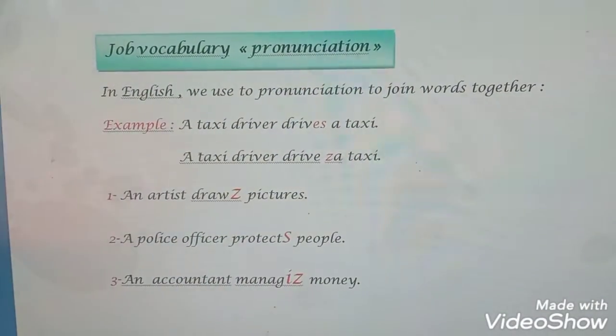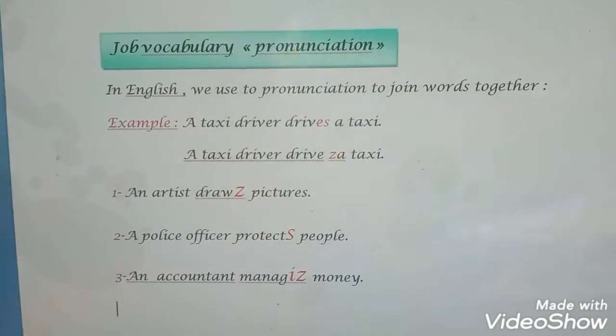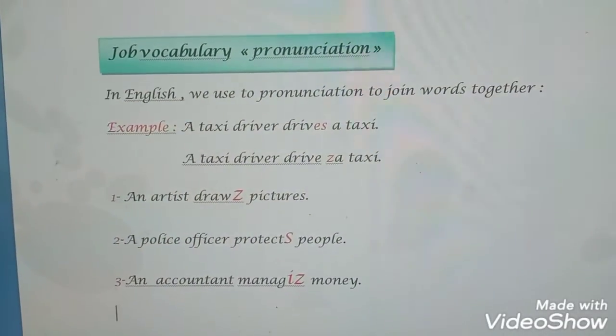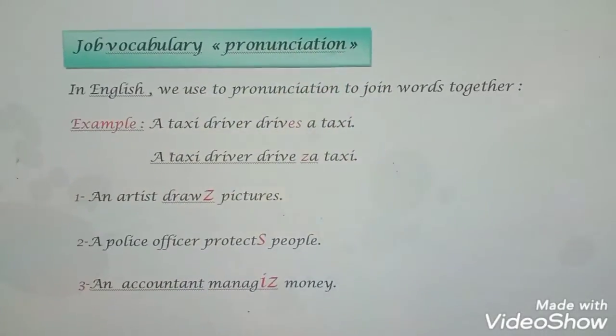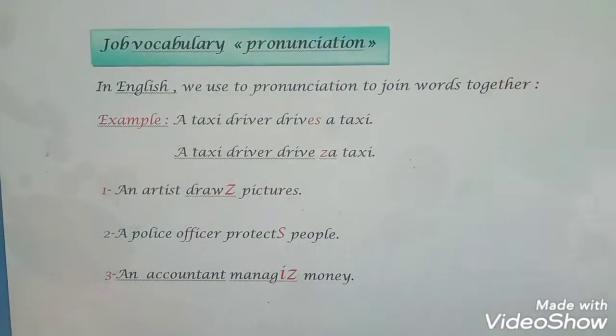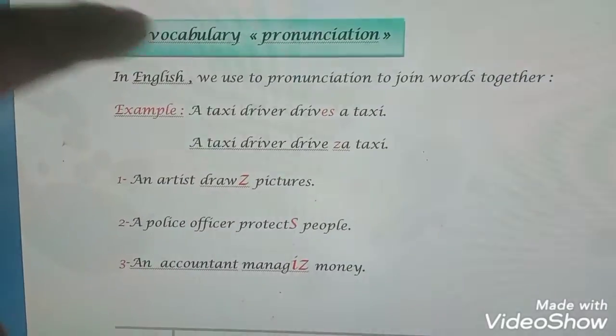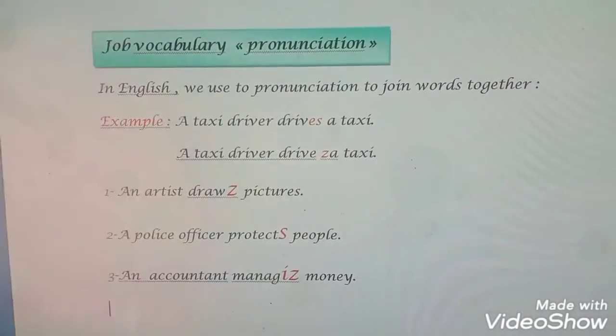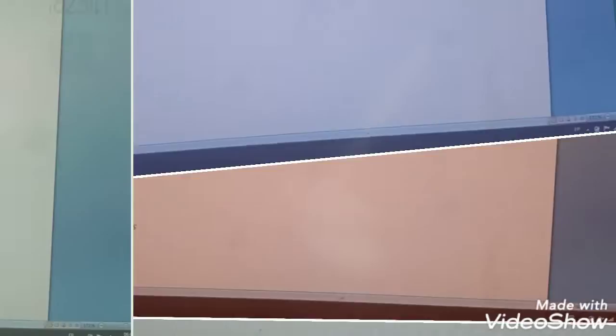But it is more elegant to say, a taxi driver drives a taxi. The police officer protects people. And we have a rule on how to pronounce the S, ES and Z in some verbs. This is the rule.